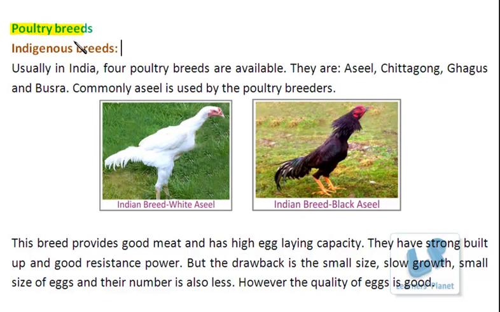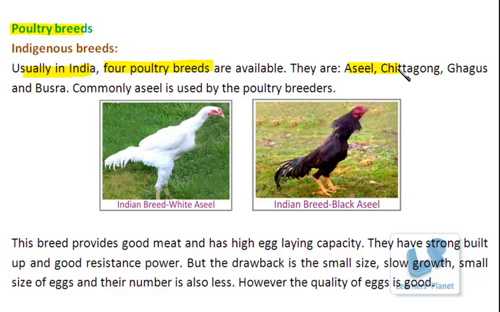In India, among the local poultry breeds, four types are available. Again, I must repeat that in this session I'm concentrating on the hen, right? So with respect to this, I can say there are four poultry breeds of hens.